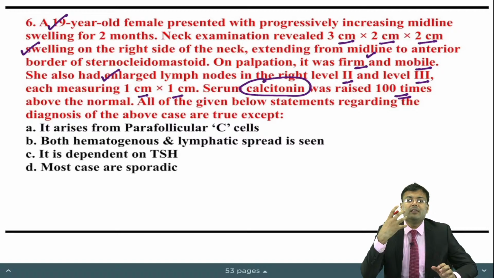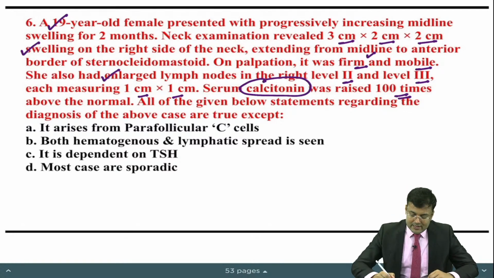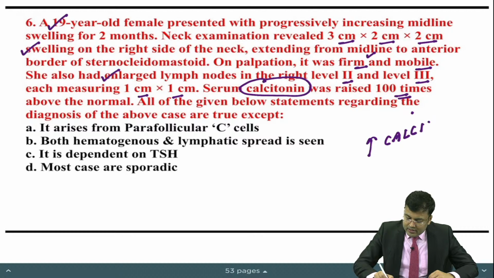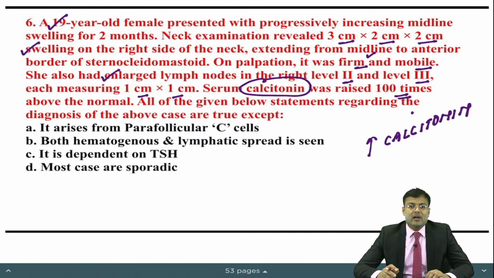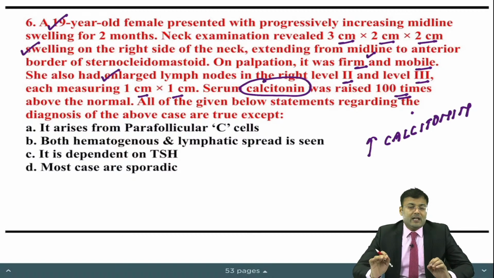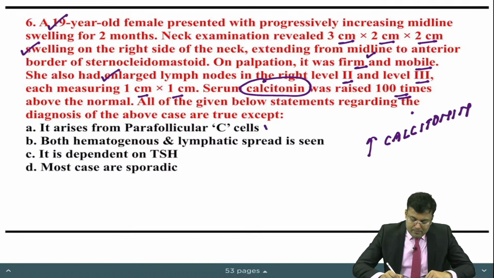So patient is having swelling in the neck, with simultaneous lymph node involvement, and there is raised calcitonin. Can you guess what is this tumor? This is medullary carcinoma. Very good. Medullary carcinoma arises from parafollicular C cells.